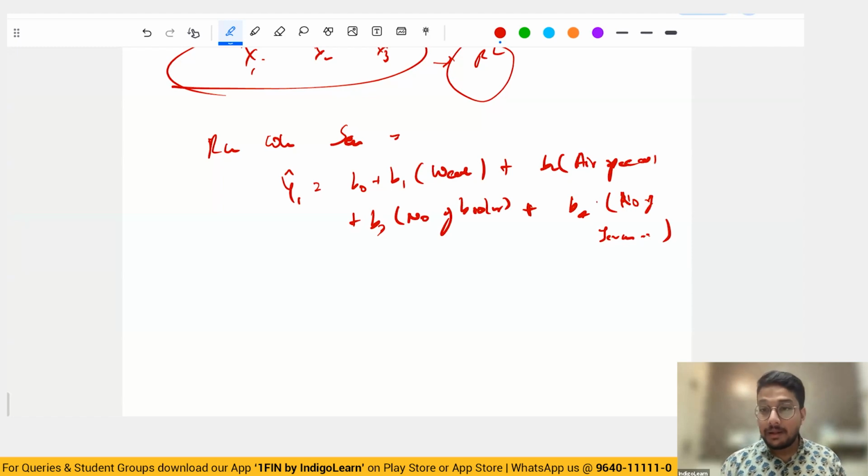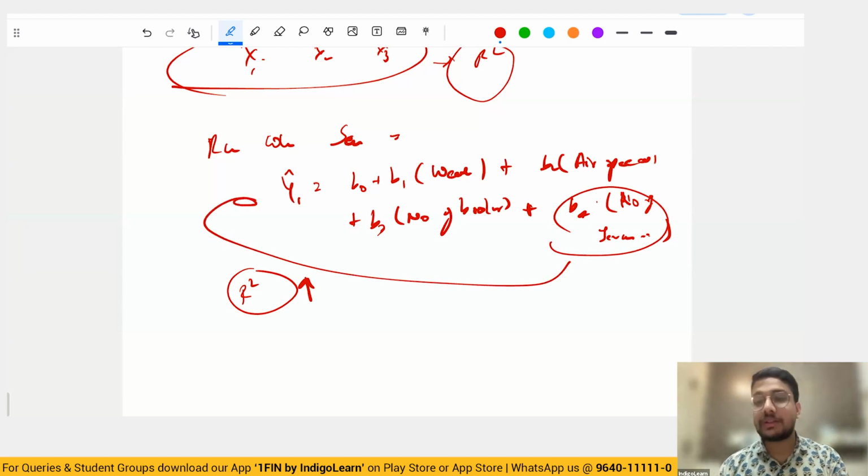But in that case, if I keep including more variables, the R square shall keep increasing, although this has no relevance to this. Even then this R square shall increase, and that shall make my model spurious.